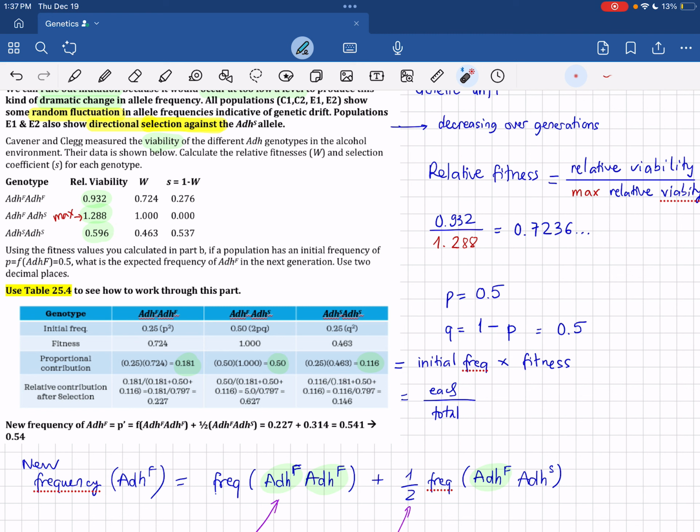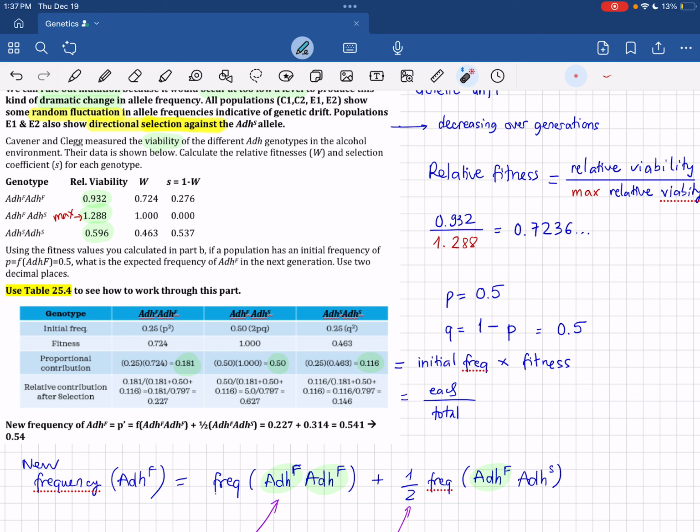To find the q, which is the frequency, I will just write it here again. q is the frequency for the allele ADH S. For FF to occur, it's the combination of both, so 0.5 times 0.5.